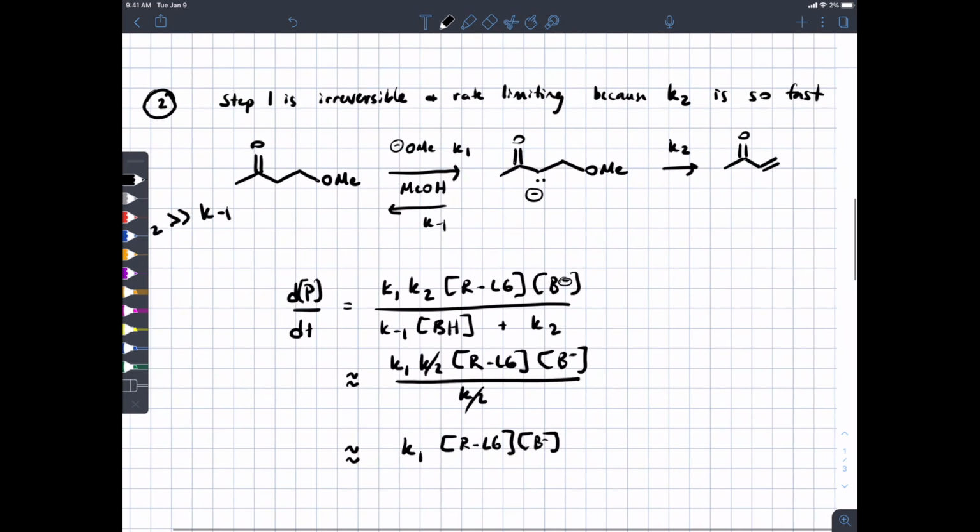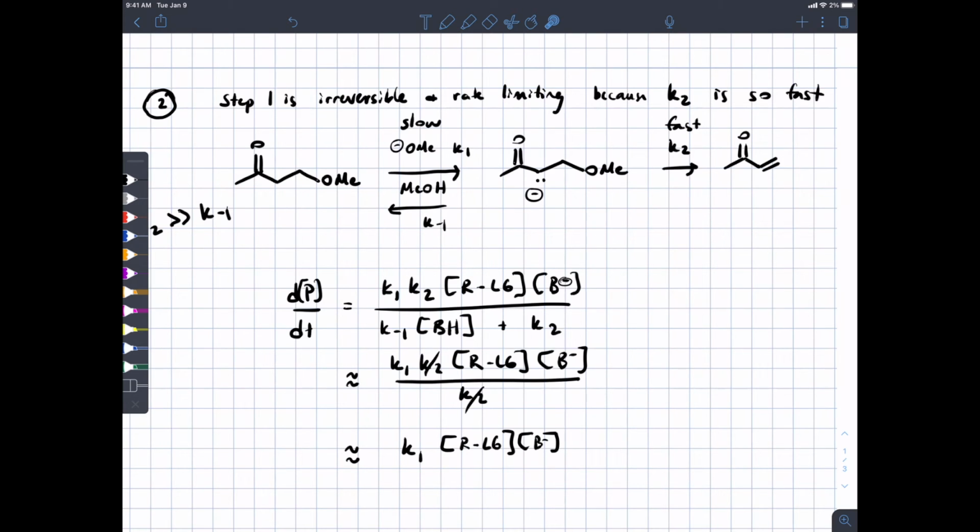All right. In this case, because the first step is rate limiting and the second step is fast, your expression for the rate law is going to contain terms for both the base and the starting material.